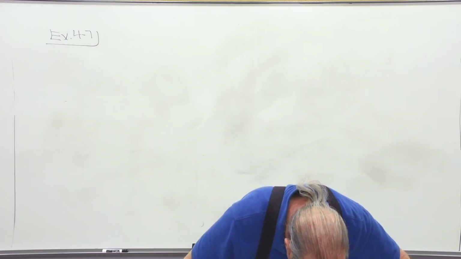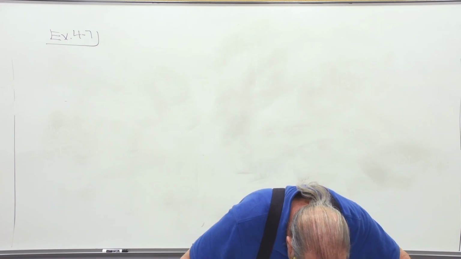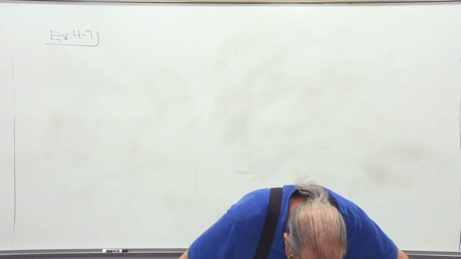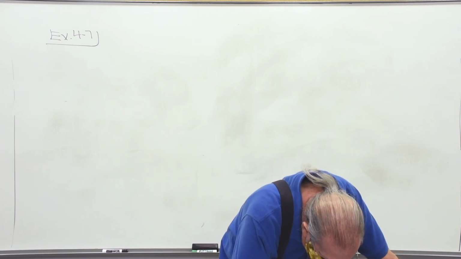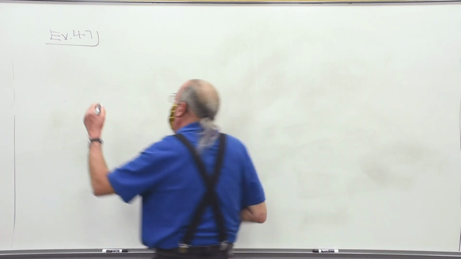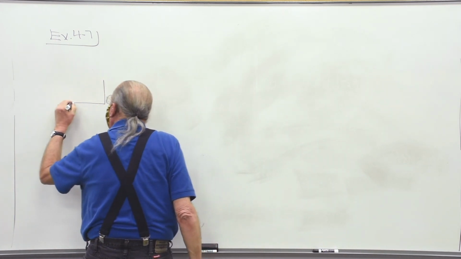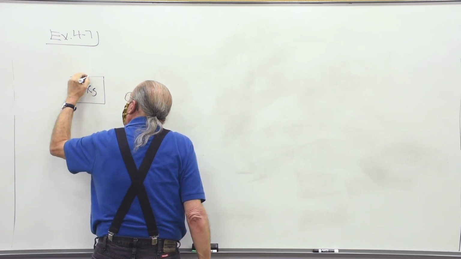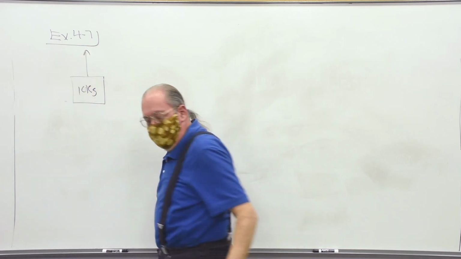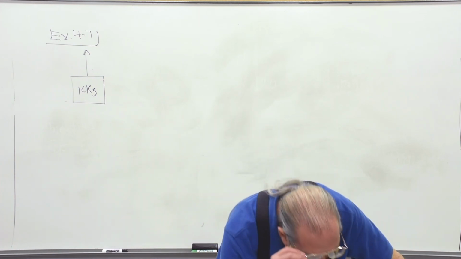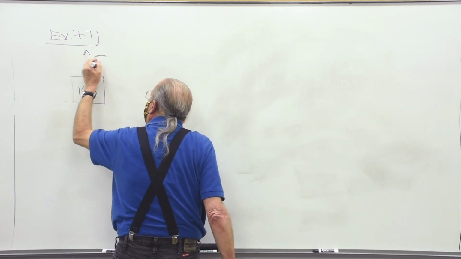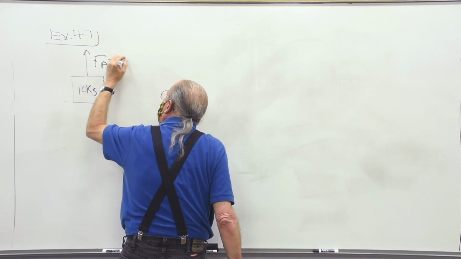A person pulls upwards on the box with a force greater than the box weight. In this case, the box has a mass of 10 kilograms, and the upwards force on it, F pull, is 100 newtons.